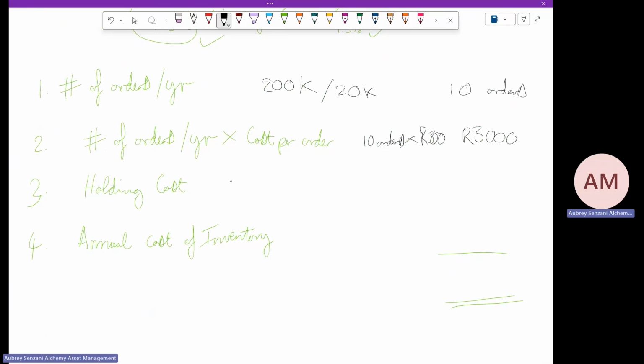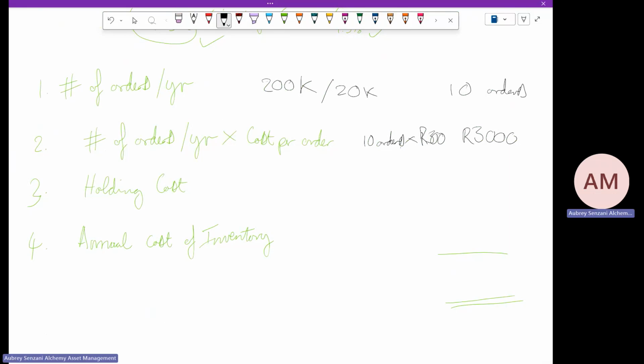Then the holding cost. What's the formula for your holding cost? This is homework, guys. What is the formula?